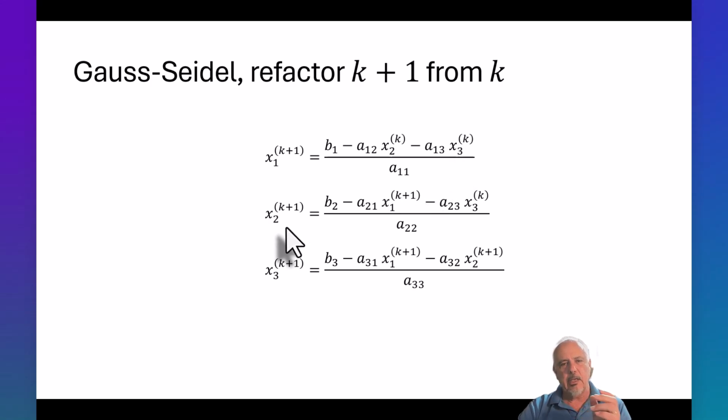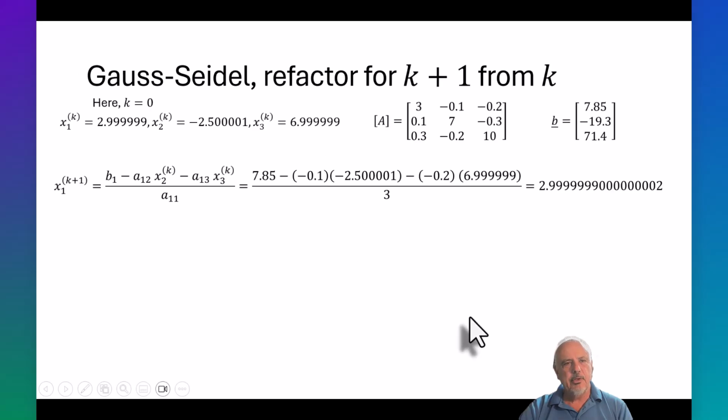Then the k plus 1 x2 will depend on the one you just calculated for x1 and the old version of x3, the k version of x3. And then the x3 finally will depend on the newest x1 and the newest x2. So I'm just shifting so that I'm getting k plus 1 from k. And I'm going to do that now.